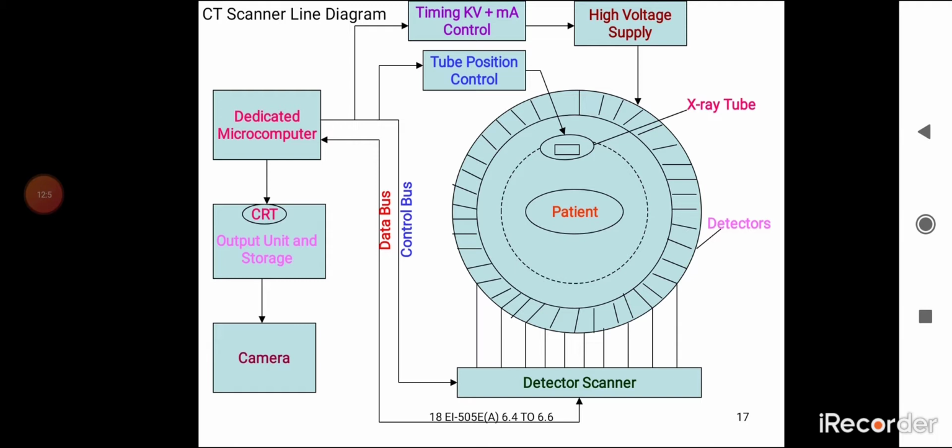The timing, kV and milliamps control the high voltage source of the X-ray tube.